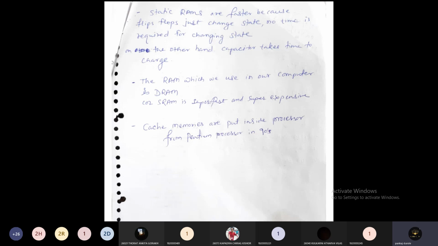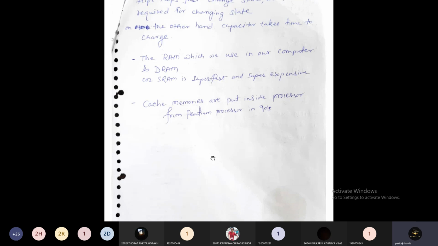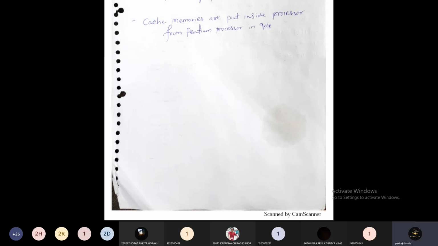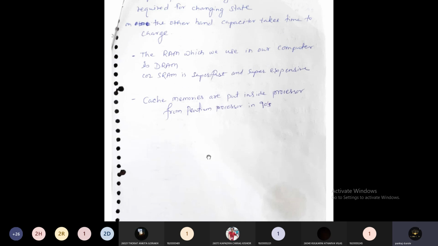Even SRAM we have, I have shown that in the diagram also, but it is small in size. Cache memories are put inside the processor, right? From Pentium onwards, right? From the 90s, right? So cache memories came into the picture. Earlier, there was no concept like a cache memory.